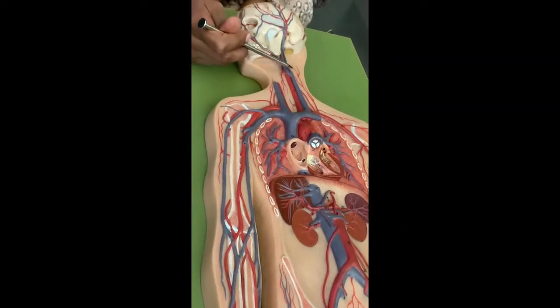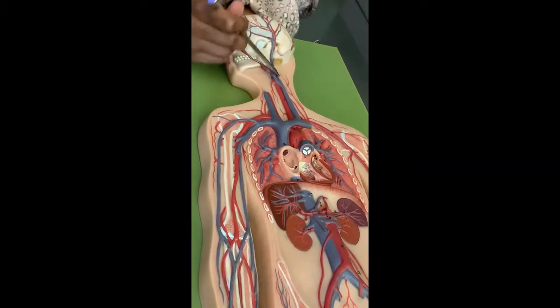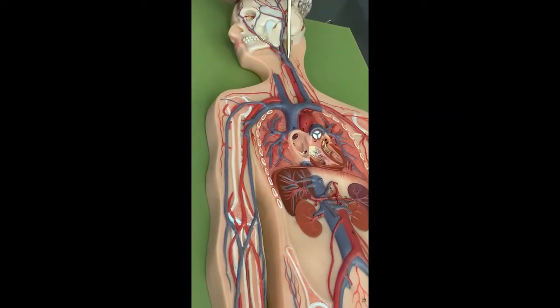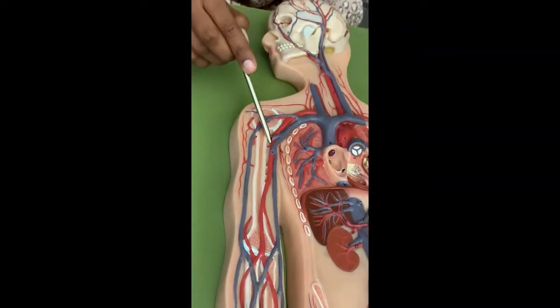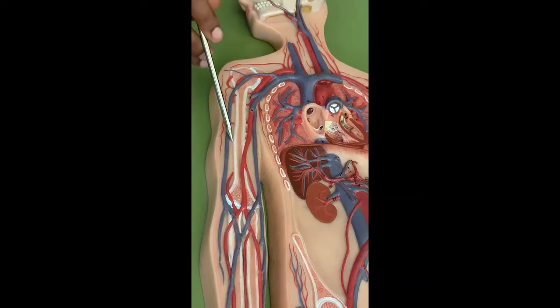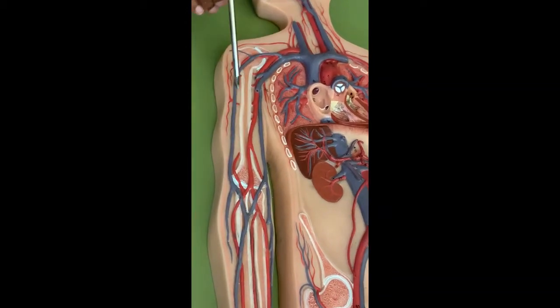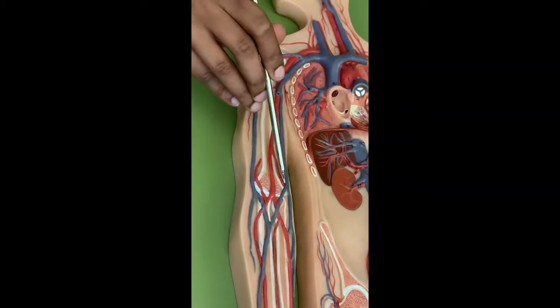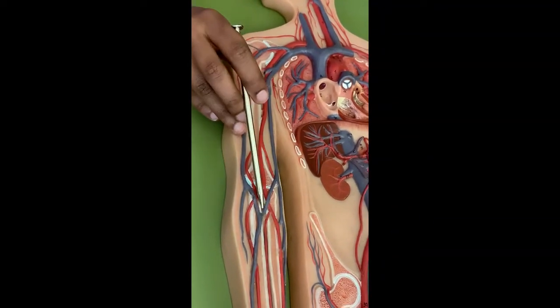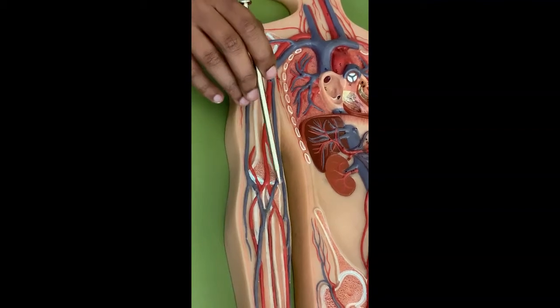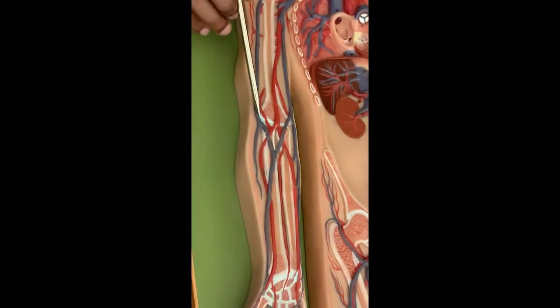Now, vein-wise, this is the jugular. Internal jugular, external jugular. This is the subclavian. This would be the cephalic vein. This is the basilic vein. Cephalic, basilic. This is the anterior antecubital.